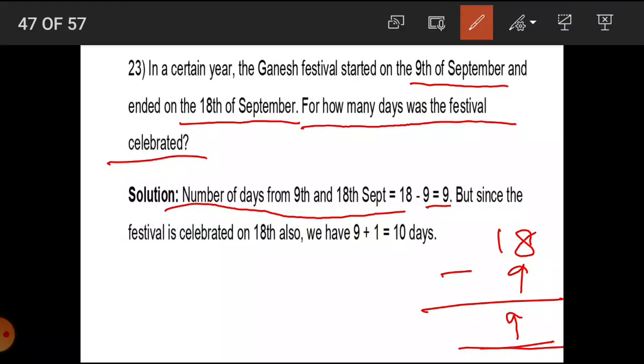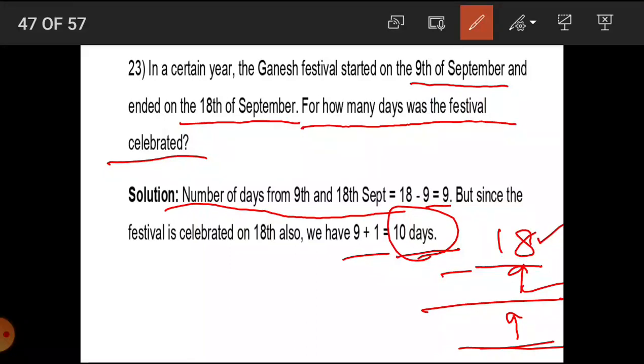But since the festival is celebrated on 18th also, now we have subtracted 18 minus 9, but on 18th also that festival is celebrated. So we are going to add 9 plus 1. So it will be 10 days. Totally the festival is celebrated for 10 days. This is the shortcut or easy way to find the number of days.